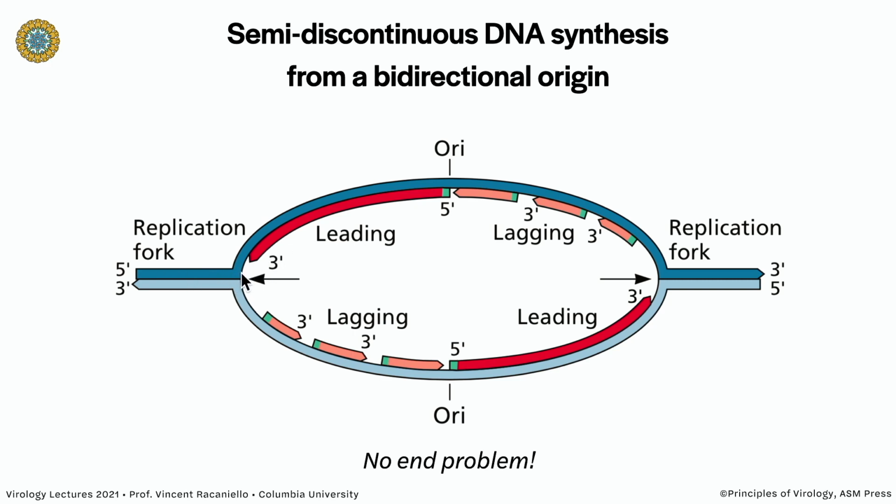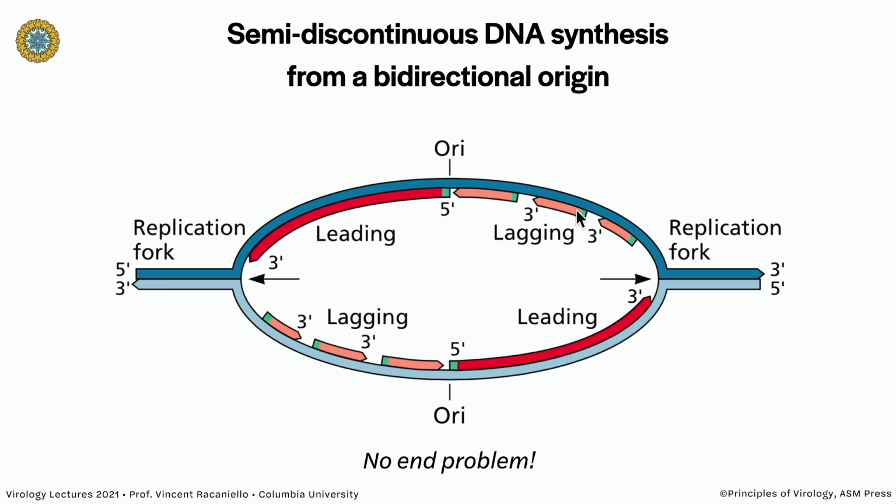This will get denatured, and there's no issue. And on the other strand, you can do the same thing. When this fork is very small, there are these regions upstream here that have to be made in pieces. Now, here we've already expanded the fork, so we know that these have to be made in pieces. But when the fork is small, for example, you put down a primer, and then you make the product. And then the fork gets bigger because of the leading strand on the other strand.